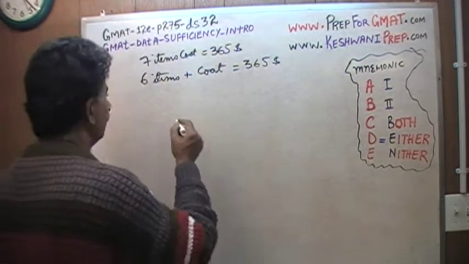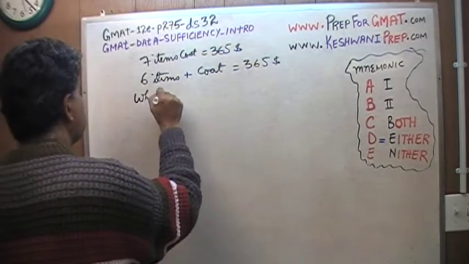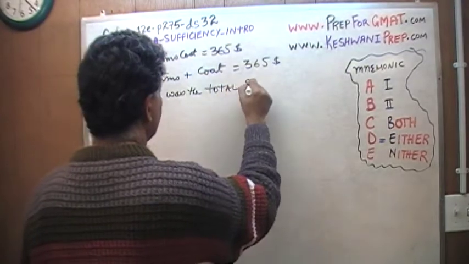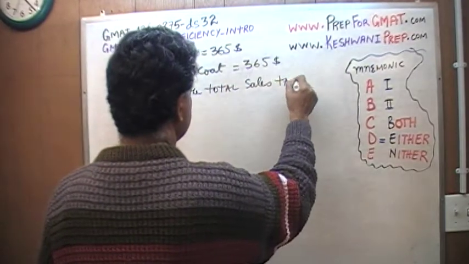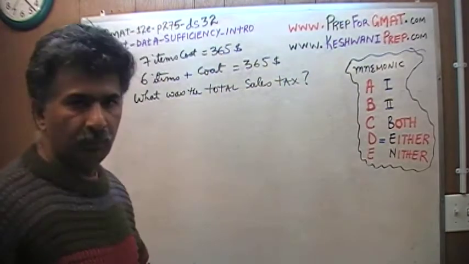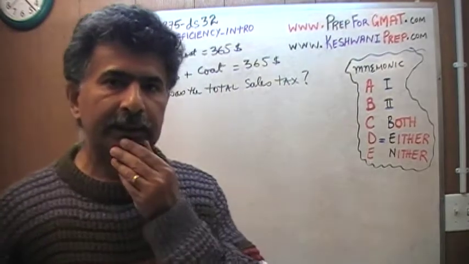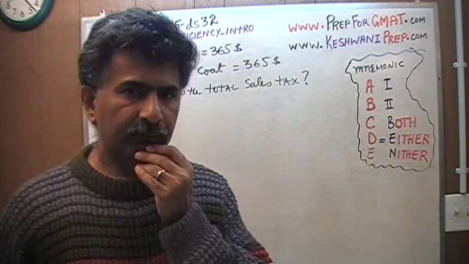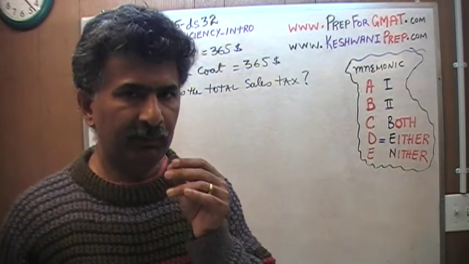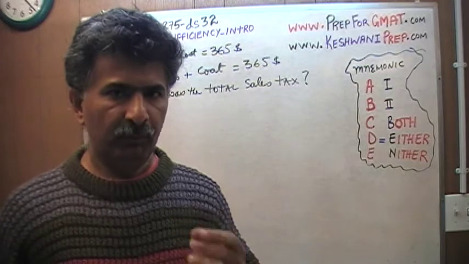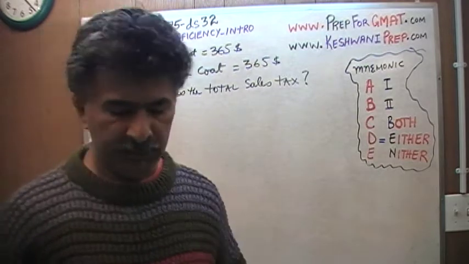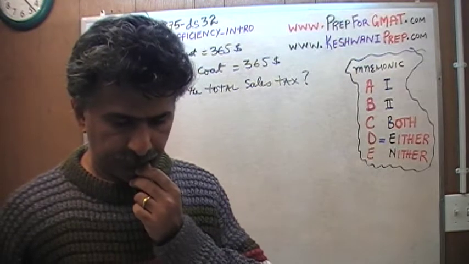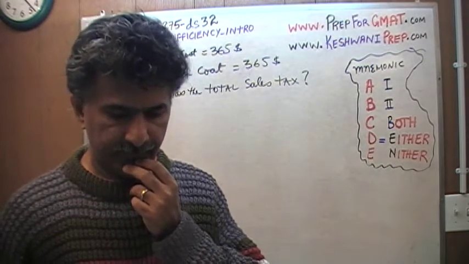Okay, so what was the total sales tax is the question here, keeping in mind that in this jurisdiction, there is no sales tax on the clothing item if it costs less than 100. If it costs more than 100, then they charge you 7% sales tax on an item costing more than 100.